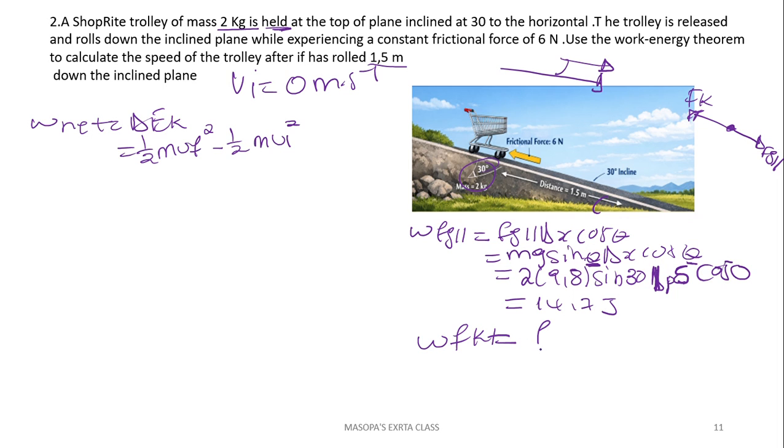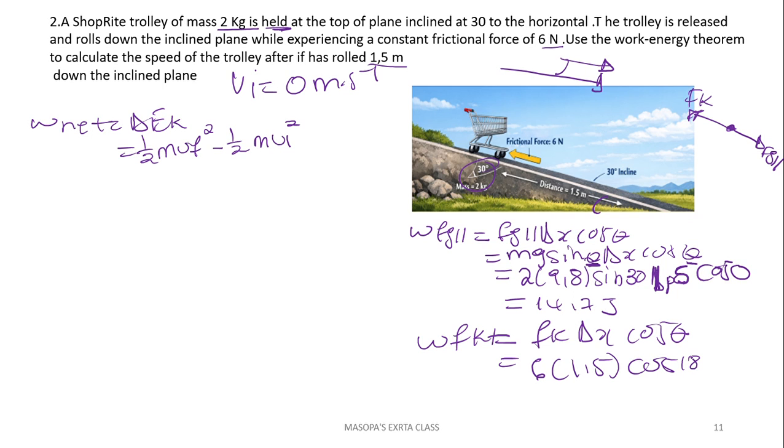Then the work done by the FK is equals to FK times delta x times cos of theta. The FK is 6 newtons of frictional force, so you have 6, and then the delta x 1.5, cos of 180.